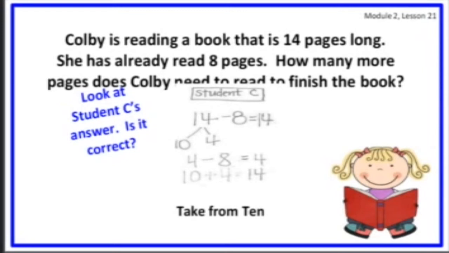He took out 8 from 14 or from 10, and is having 14 left. Is that correct? No, he even did 4 minus 8 here, which is very, very wrong mathematically. So student C's answer is not correct.